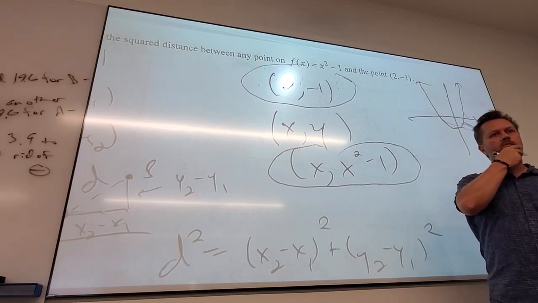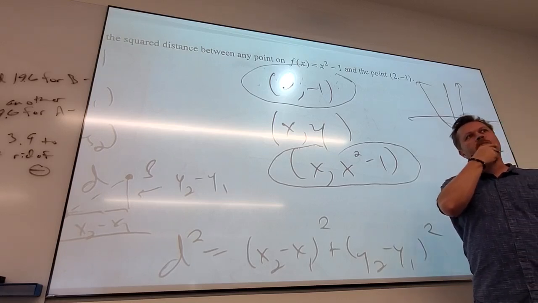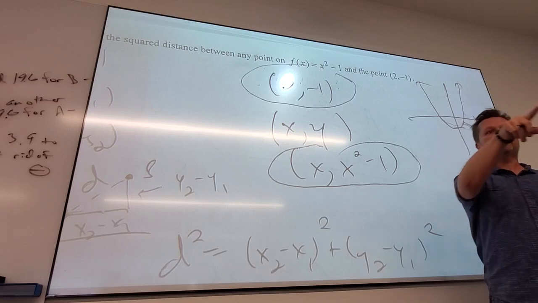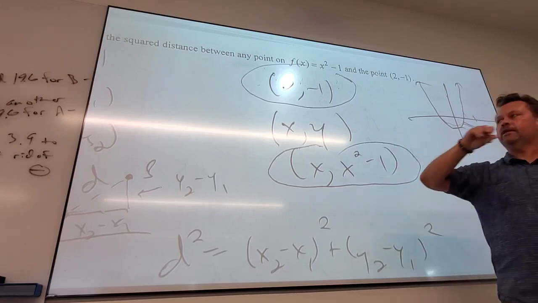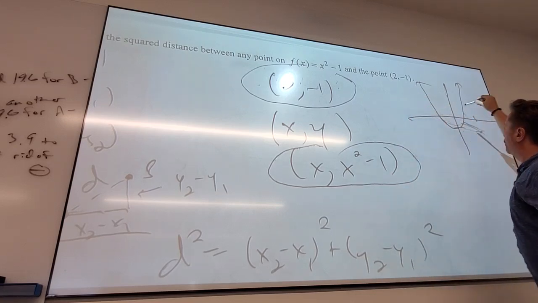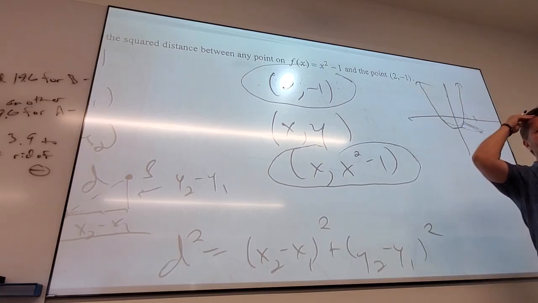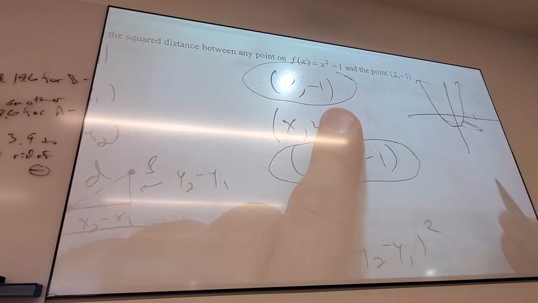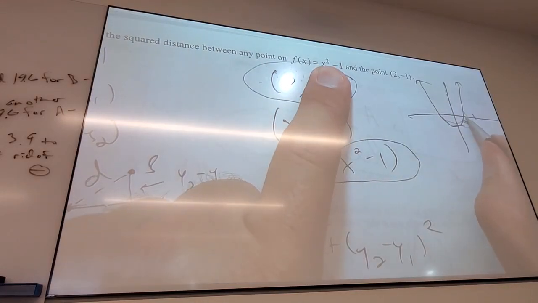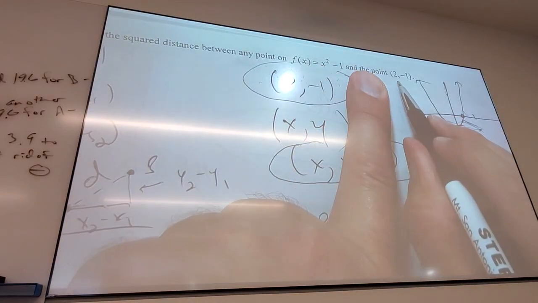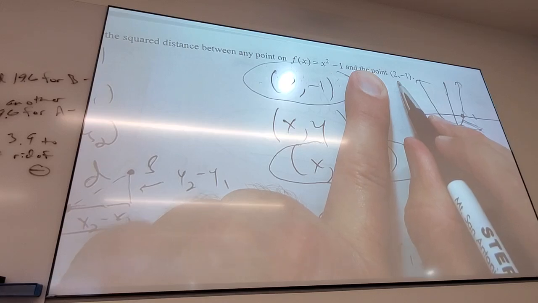Question though, when you plug in 2, the y output wouldn't be -1, would it? Of course not. Because if that point I gave you was on the parabola, it would be the answer. I need you to understand. If I put 1, 0 here and I said, when do you get closest to 1, 0?